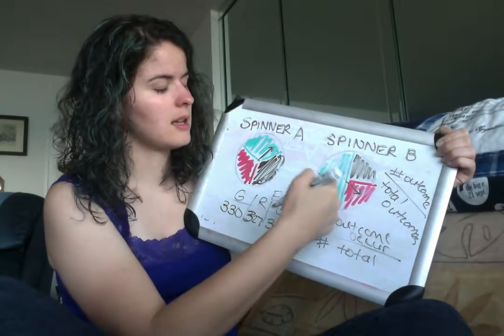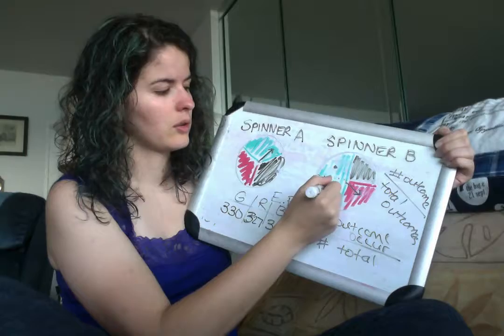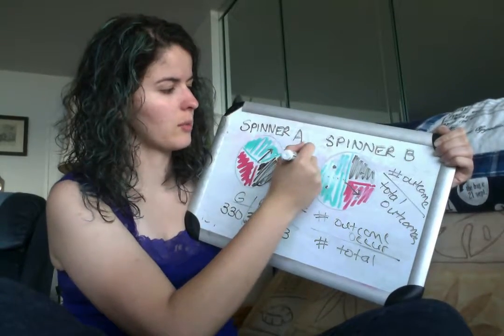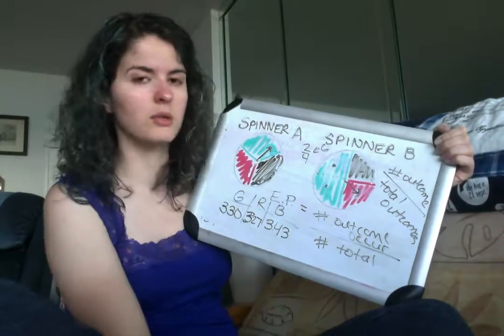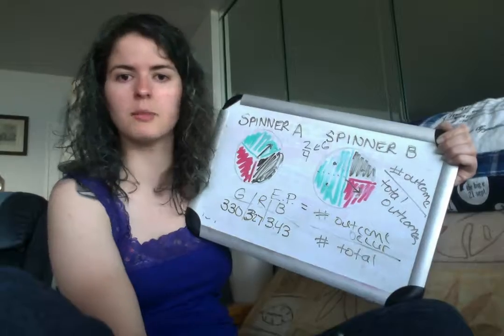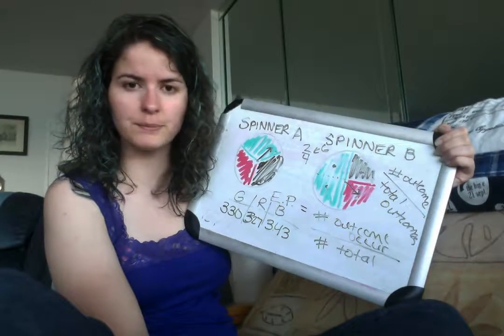So in this case here, we had 2 out of the 4 were green, so the theoretical probability of a green would be 2/4. We're always thinking about something out of the total number of outcomes, just like when you're making any fraction.